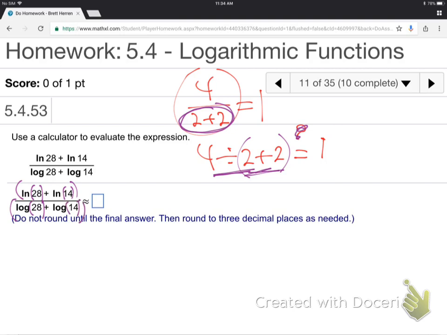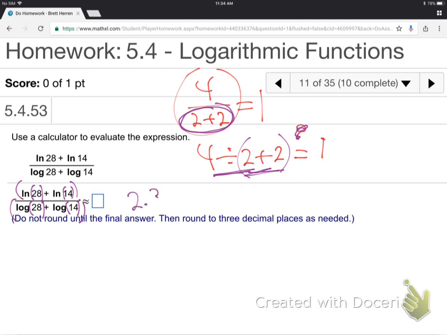So that's what you want to type in here. I'm going to get an answer for you as well. So give this a try. Yeah, this takes a little getting used to.